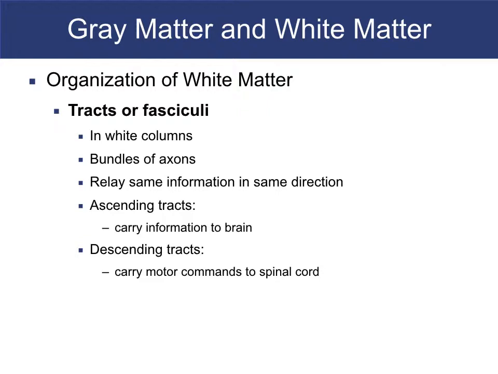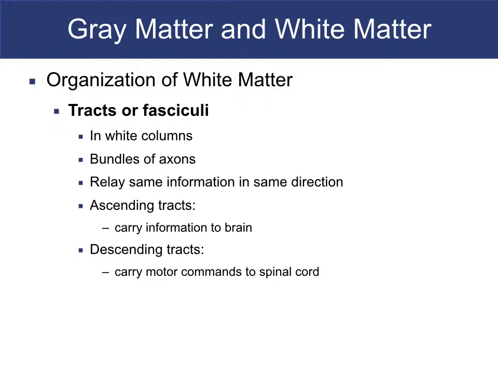The white matter, which is nothing but axons, remember, of nerves going up and down the spinal cord, is either carrying information up to the brain or sending messages down from the brain to tell us to move something, for example. They're in the white columns, and they're kind of in bundles, but not really.